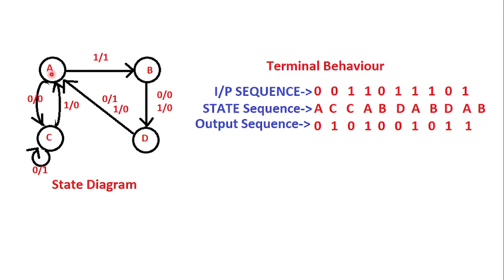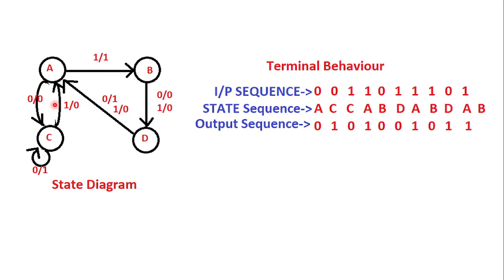When it is in the A state, it produces some output. That output depends upon the input. Since the output can be 0 or 1, that depends upon the input. I cannot represent the output in the state itself, in the node itself. That's why we generally indicate the output on the branch side.